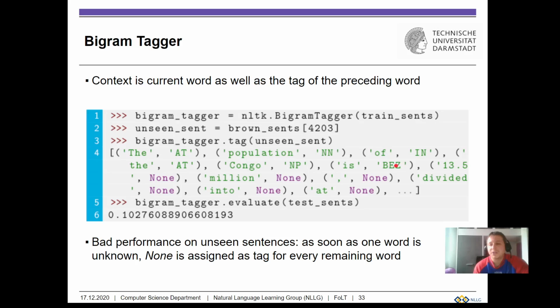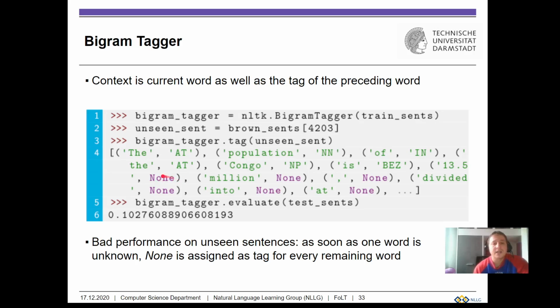I am not exactly sure what this label is doing here, but then here it's seeing something that it cannot deal with, because maybe 13.5 has never been in its training data. So this is something it is encountering new in the novel test data. So it cannot tag this instance, so it's giving it a None.